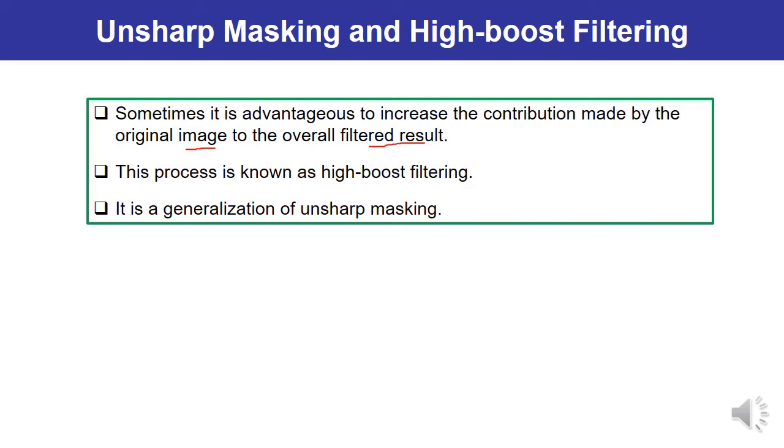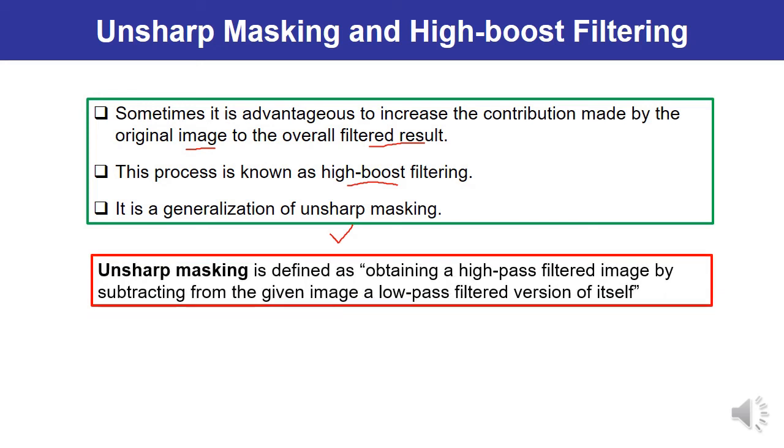This process is known as high boost filtering, and it is a generalization of unsharp masking. Unsharp masking, as its name derives from the fact, uses a blurred or unsharp negative image to create a mask of the original image.